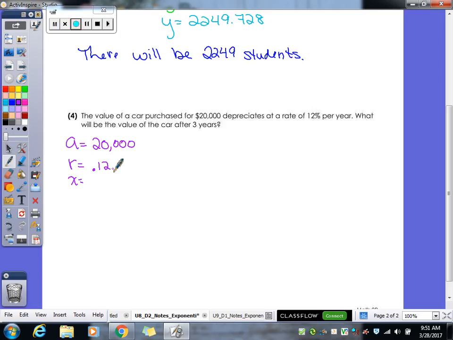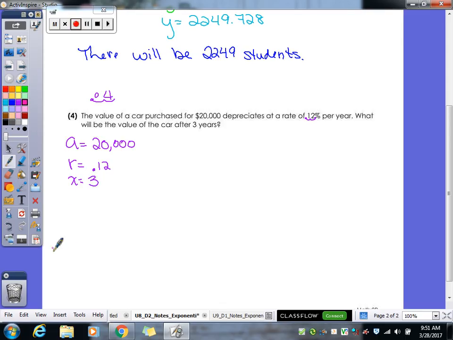Because right now, the decimal is after the 2. If I move it 2 places to the left, it's in front of the 1. No extra space this time. Yep, but if I move that 2 places, I got a space that I got to fill in with a 0. Okay. And then our x would be a 3.